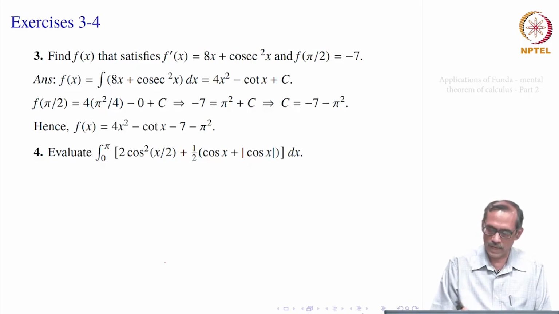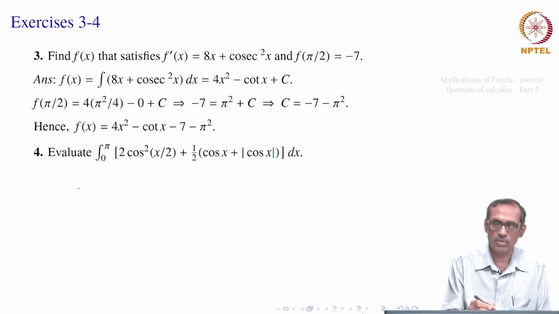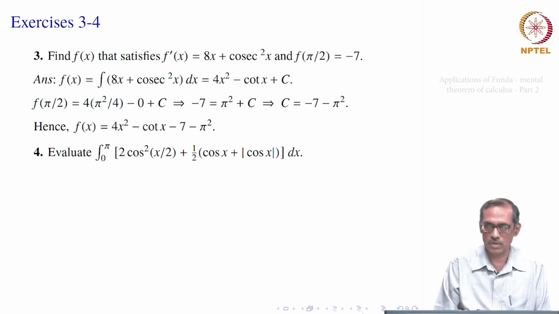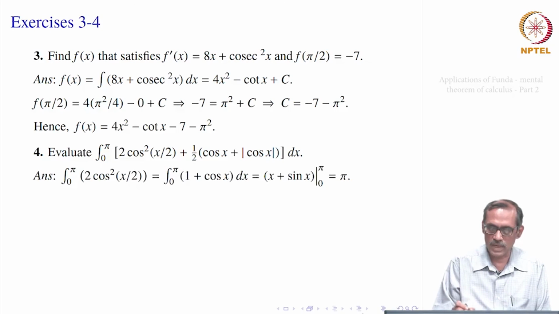So, look at mod cosine x. We must find out when cosine x is positive and when it is negative in the interval 0 to pi. From 0 to pi by 2 it remains positive, from pi by 2 to pi it becomes negative.